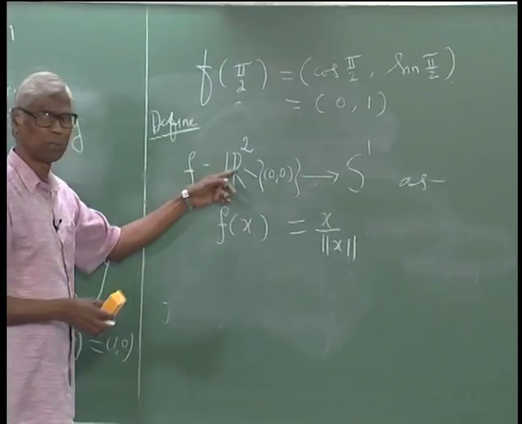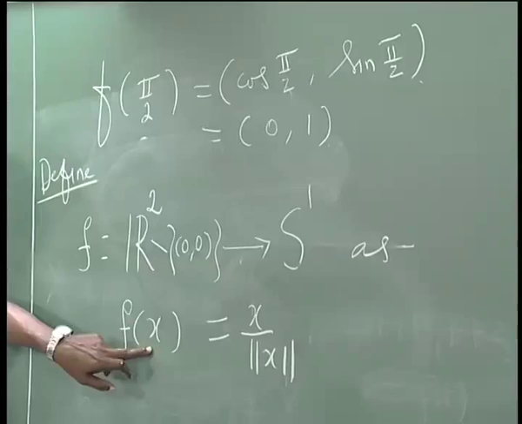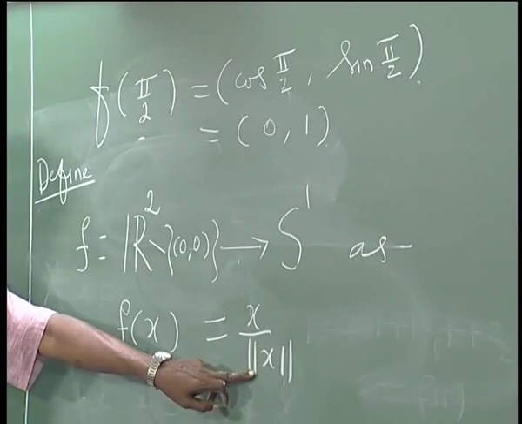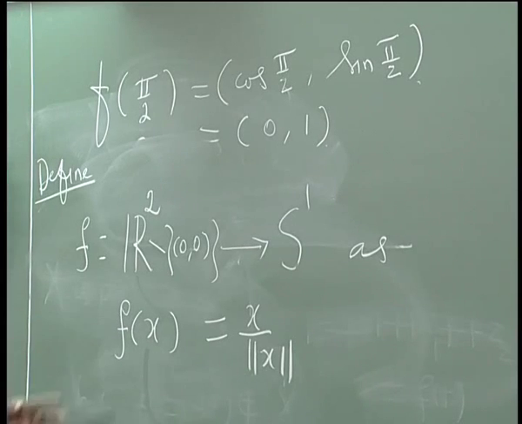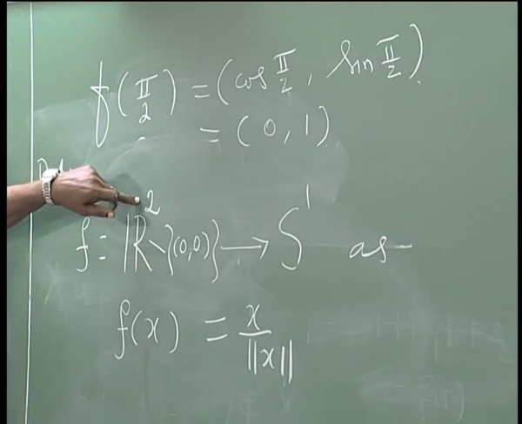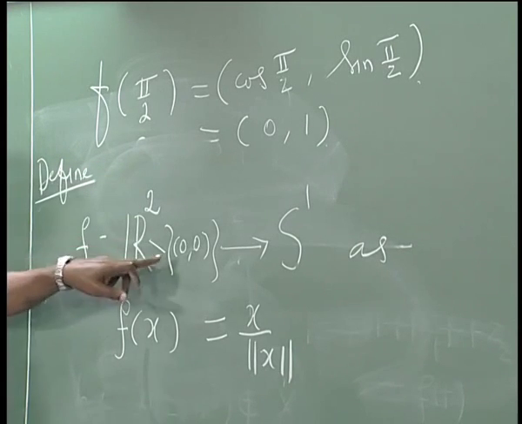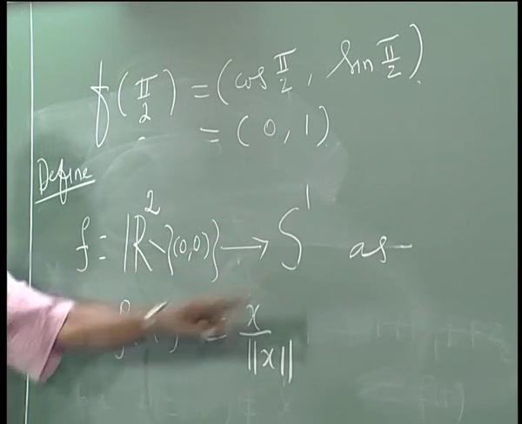We know that R2 minus the origin is pathwise connected, and we can prove that this function is continuous. Also, it is easy to prove that the continuous image of a pathwise connected space is pathwise connected.